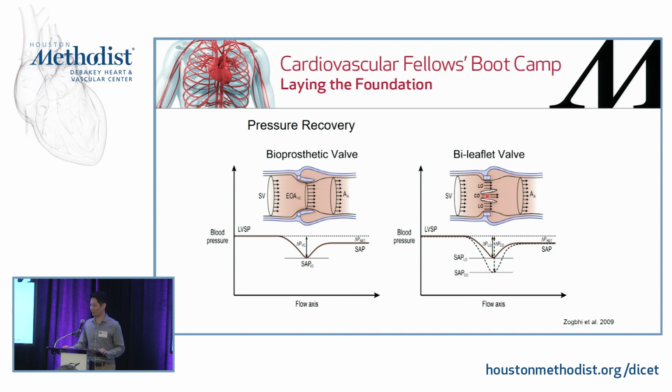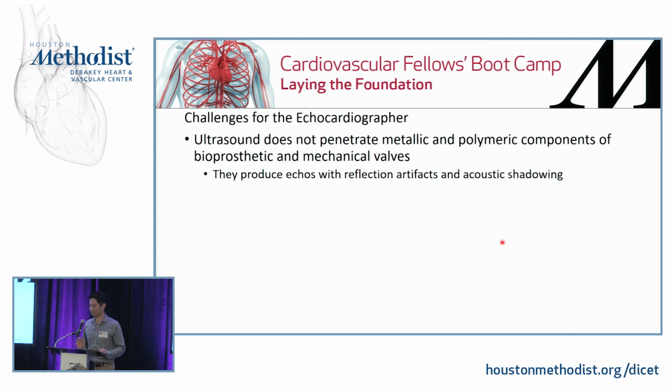So mainly what we're catching is over here, and this is mainly for patients who are getting bileaflet valves, and typically in smaller people, in which you have a large amount of pressure gradient here. So your pressure gradient will be much higher than what they get, and what we're measuring is what we call peak instantaneous gradient, and what they're measuring is peak-to-peak gradient, so that's a little different. So that's the phenomenon of pressure recovery.